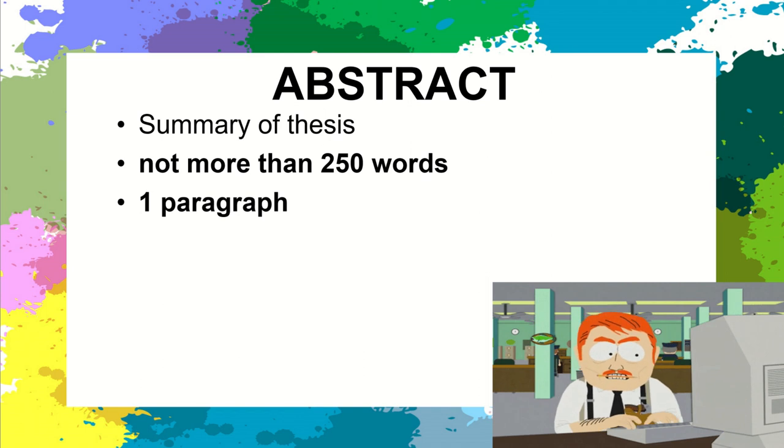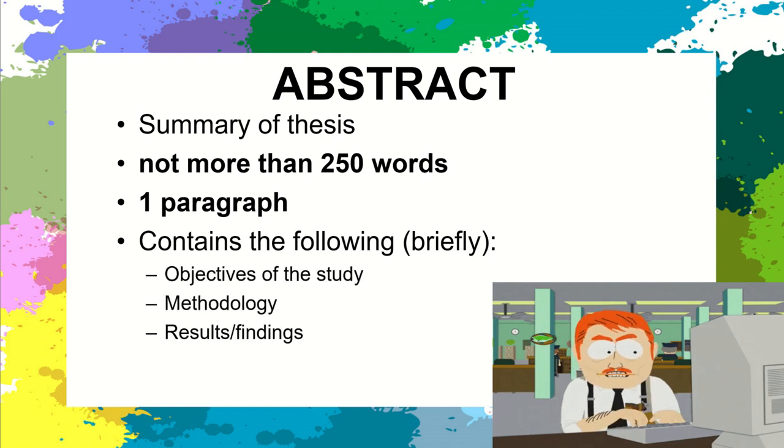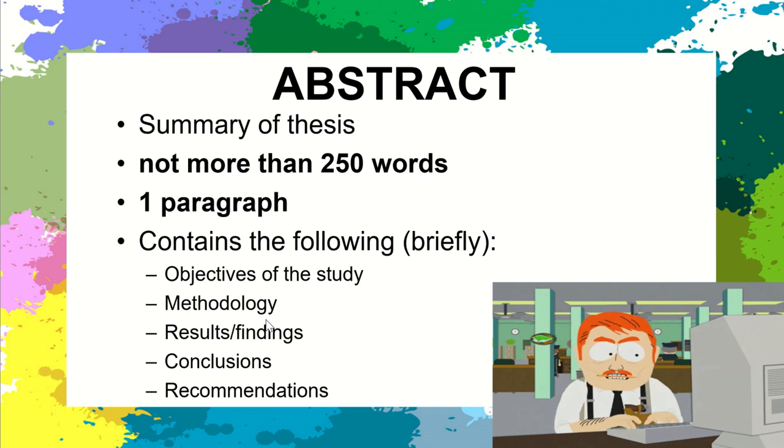So you accomplish this section once you are fully done in your study. So not more than 250 words, remember, in one paragraph. So ano yung mga dapat included in your abstract? So it should contain the objectives of your study, methodology, results or findings, conclusions, and recommendations. So very short lang to. It's like talagang an overview lang of your study.